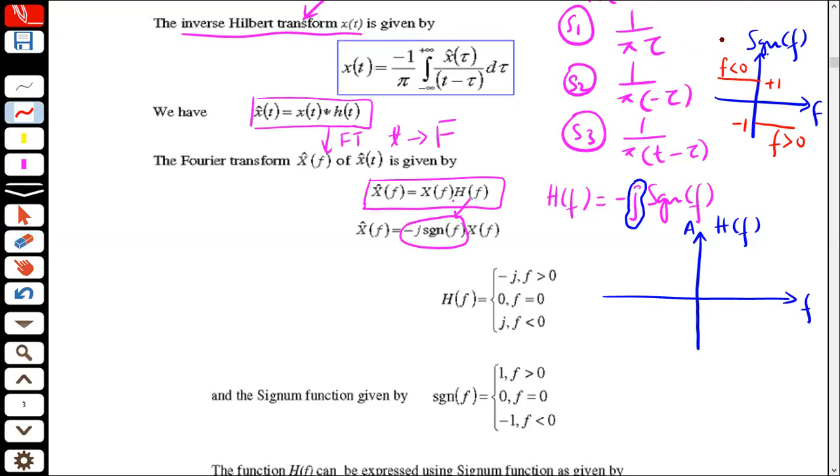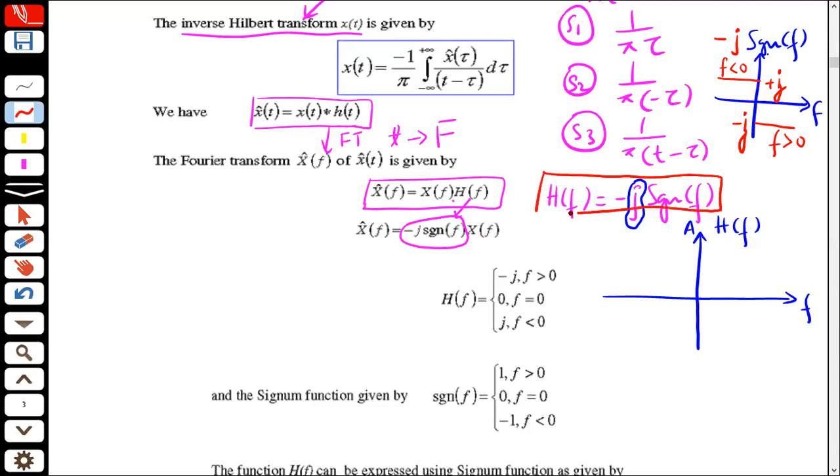Now here, just by associating amplitude value j over here, we'll get positive j here and negative j here. So negative j signum function multiplies negative frequencies with positive j and positive frequencies with negative j. These two are the same, because H of f is as good as what?